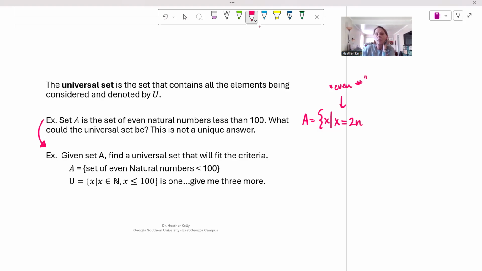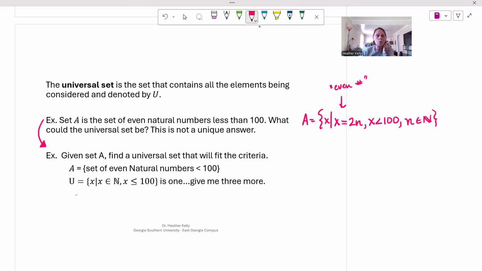So X such that X is equal to 2n, X is less than 100 and n is an element of the natural numbers. So we got to know when to start. Plus, it already said it was a natural number, so I explicitly put it here.